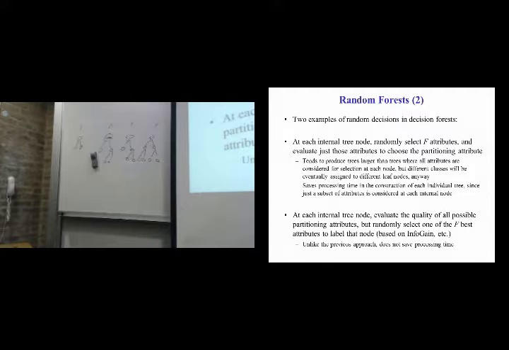So overall, these ensemble methods seem to work well. You know, this random forests method is probably one of the best methods at the moment for doing predictive classification type tasks.